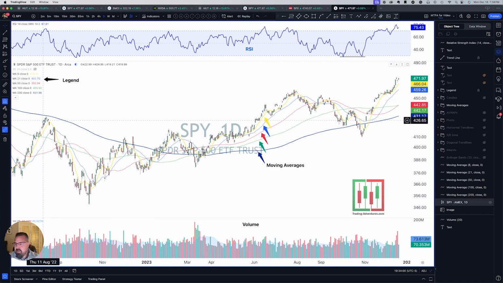Looking at this peak back here, as price came into the 200-day from the underside, it was extended far beyond the 21-day to the upper side. Here the 21-day is at 409.40, and price was up around 428. It was 20 points above the 21-day moving average. That signals extension and tells us that it may be time for a correction to show up.